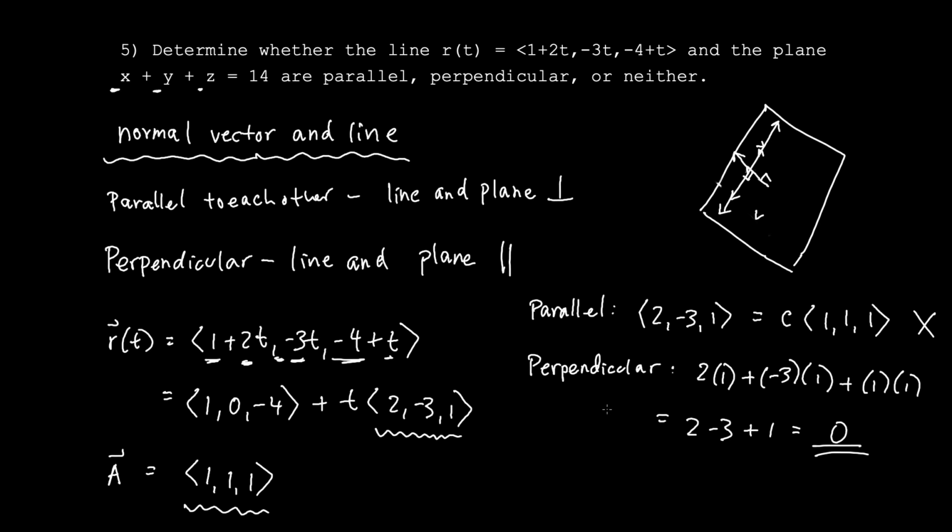So is the answer just perpendicular? Well, no, because we want to find the relationship between the line and the plane. Remember that we took this vector from the normal vector of the plane, which means that this vector itself is perpendicular to the plane.